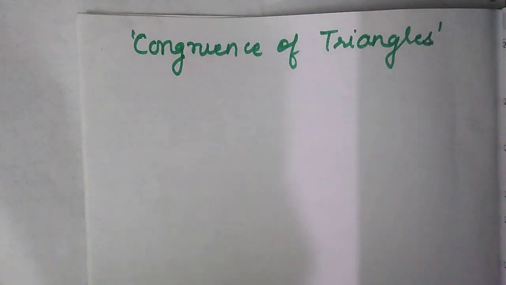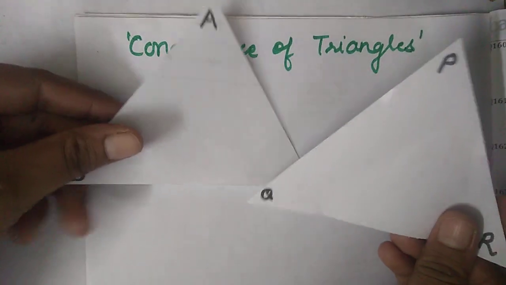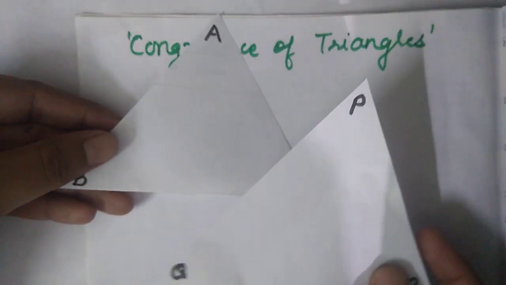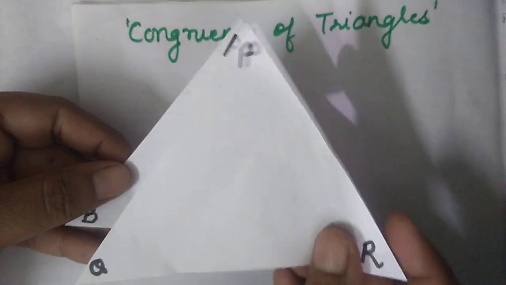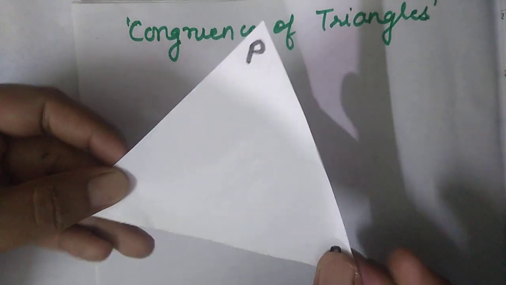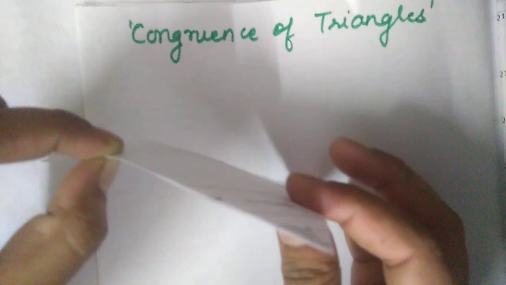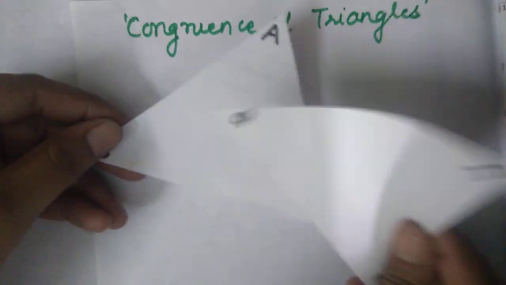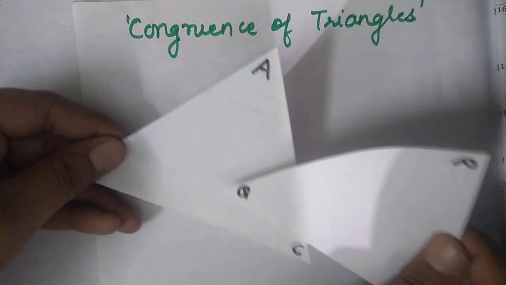So I have two triangles, triangle ABC and triangle PQR. If they completely overlap each other, completely superposed, then I can say the triangles are congruent. They are just copies of one another.